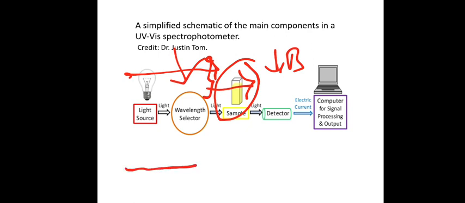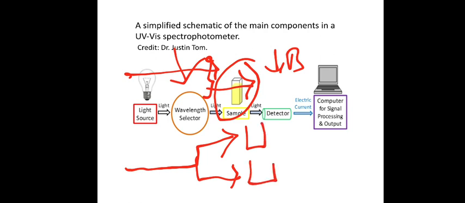So the selected wavelength of light will fall on both the blank as well as the sample of interest. Let's say this is the blank and this is the sample you want to test. Simultaneously, with the same intensity I0, it is going to fall on both the blank and the sample. Then, based on the species present, the constituents of the blank and the sample, a certain amount of it will be absorbed and a certain amount of it will be transmitted.